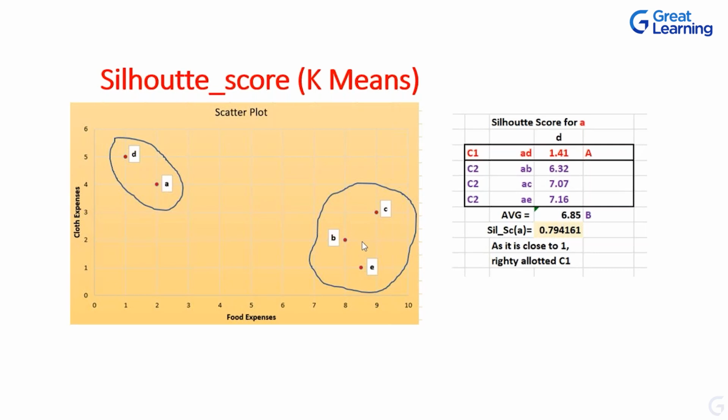Average is 6.85, and the average distance of this data point vis-a-vis all the data points available in that cluster. As there is only one, there is no need to go for averaging. So we are saying it's 1.41. So this minus this divided by this is 0.79, 0.8. So A is very nicely clustered.